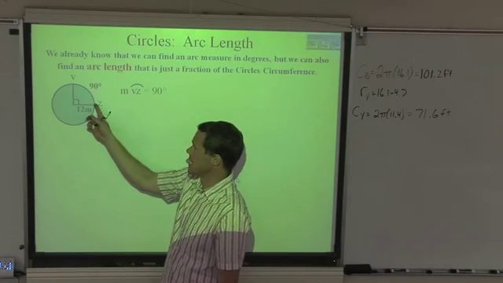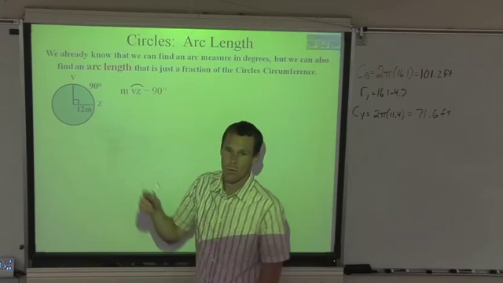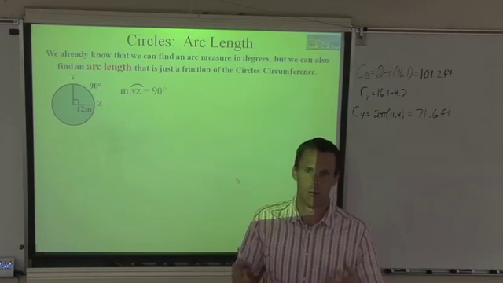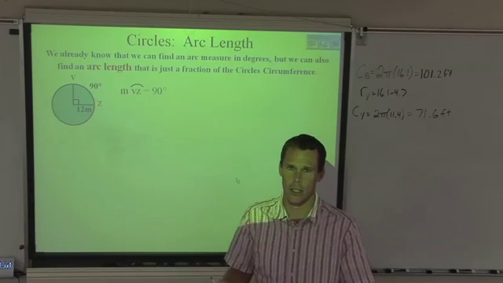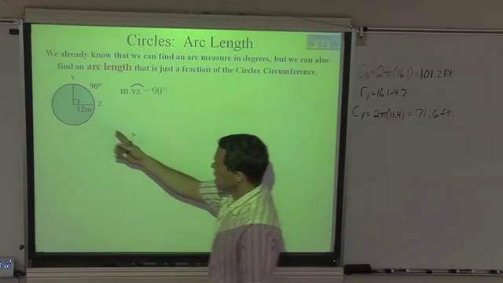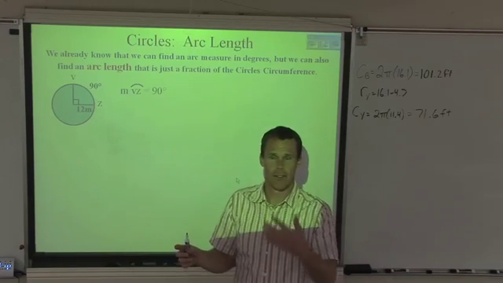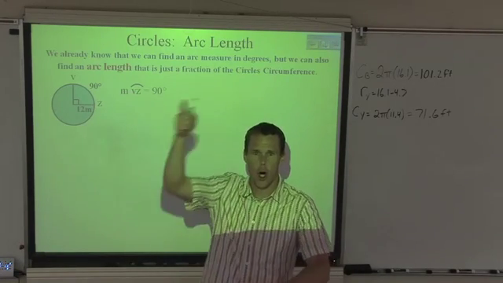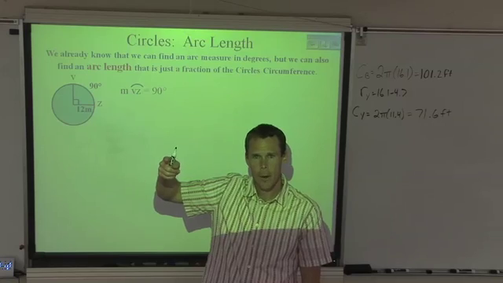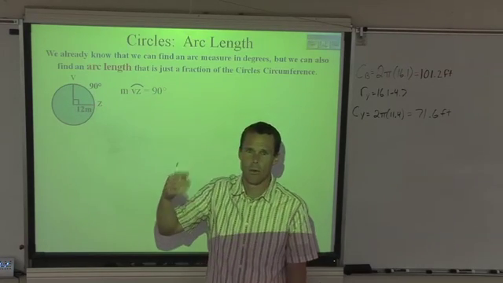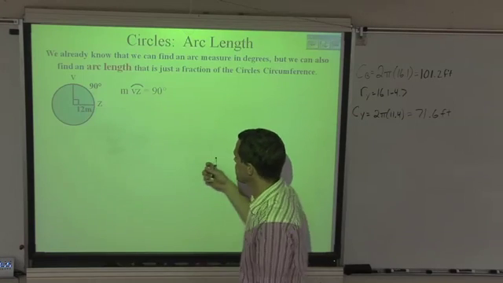Arc VZ is 90 degrees, which represents 1/4 of the circle. Well, this circle has a radius of 12, so I think I could find the circumference of the circle, the length all the way around. Well, then the length from V to Z would just be 1/4 of that.